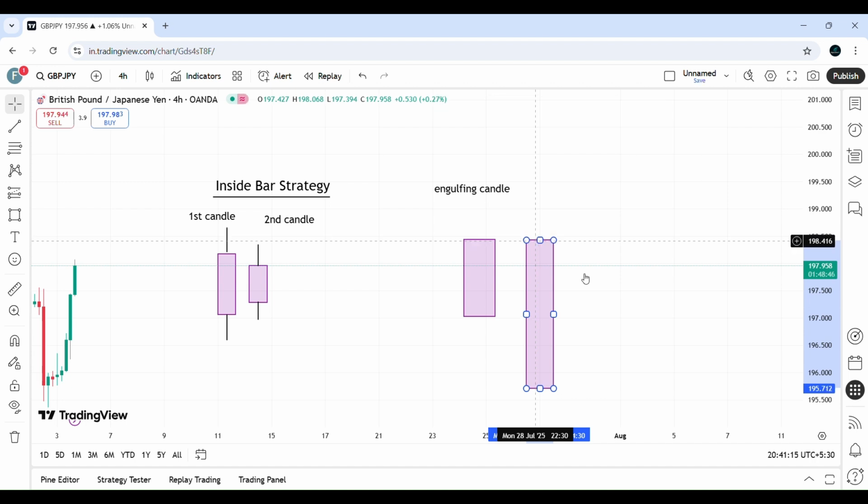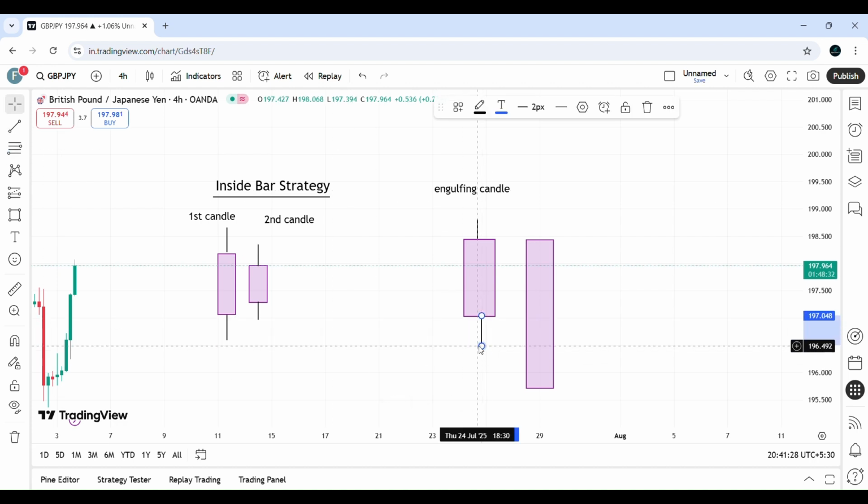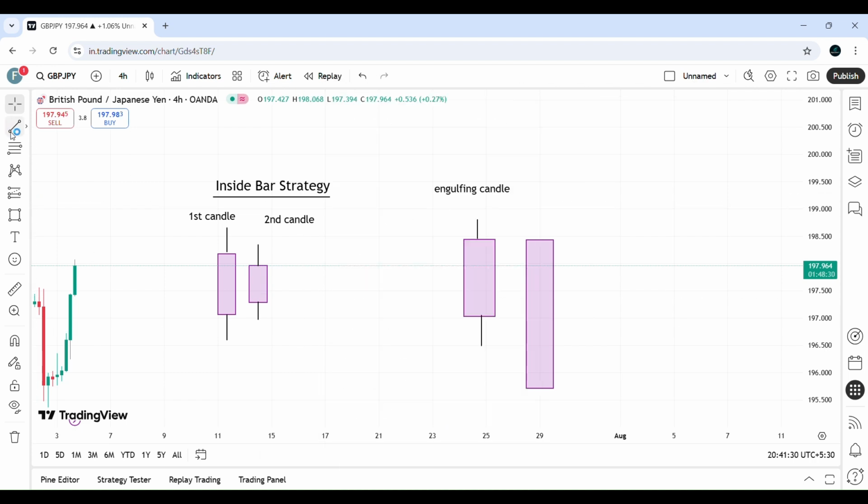This is the first candle's wick. This is the second candle's wick.